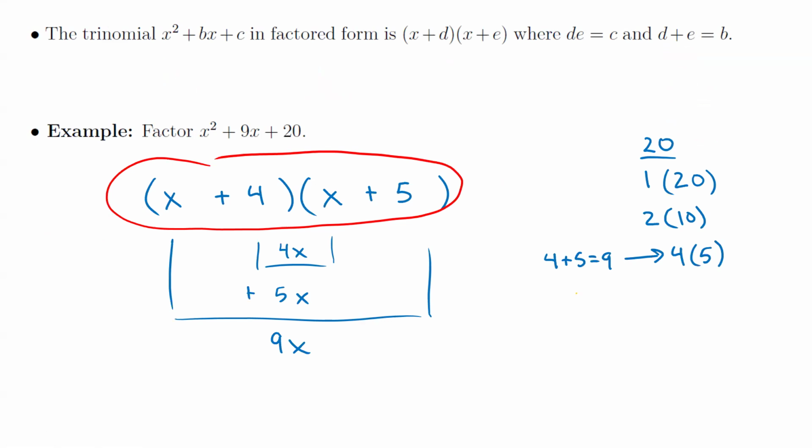I could have also added the following: -1 and -20, -2 and -10 would have worked, -4 and -5 would have worked. But of course, the reason I didn't even bother to write those down is because I understood that I was trying to add these numbers together to make +9.